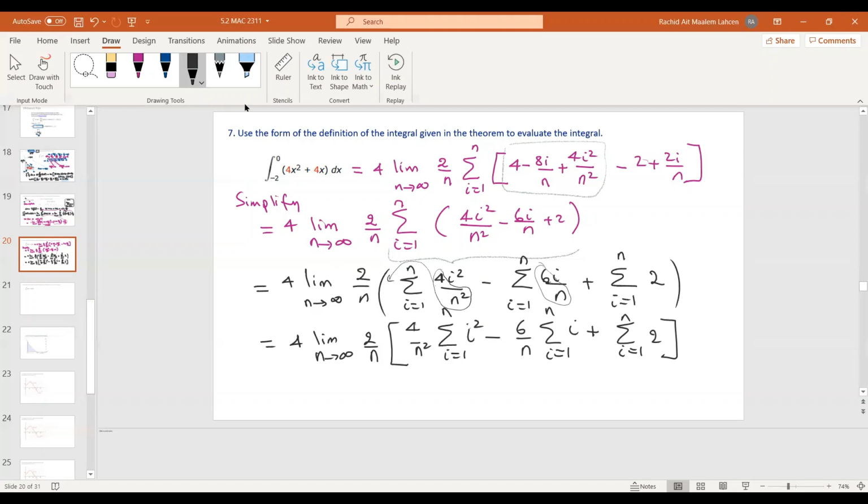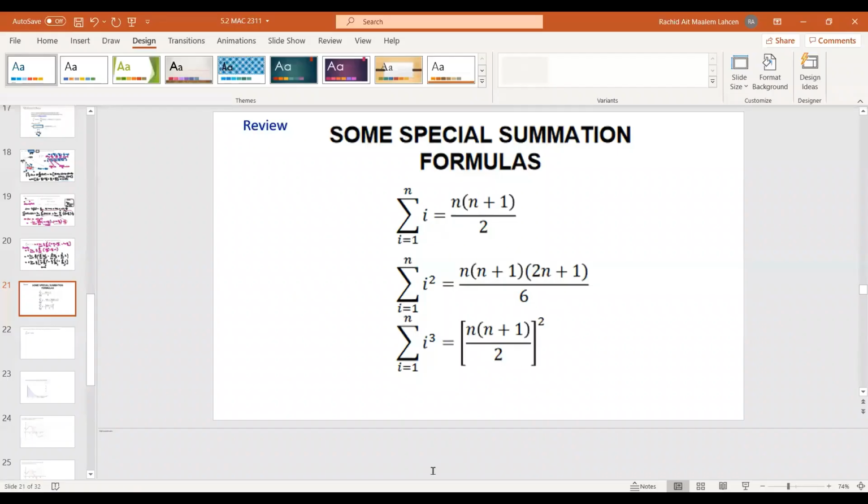All right, so now from 5.1, we have formulas for these. We have a formula for the sum with the constant c, a formula for i, and the formula for i squared. Maybe I'll drop them here as well in these slides. These are, of course, from the pre-calculus review, and they're in 5.1.